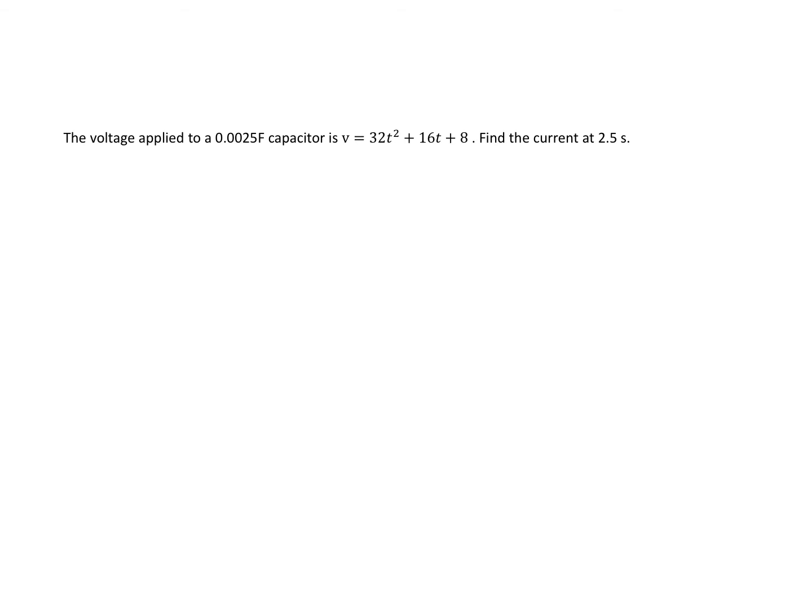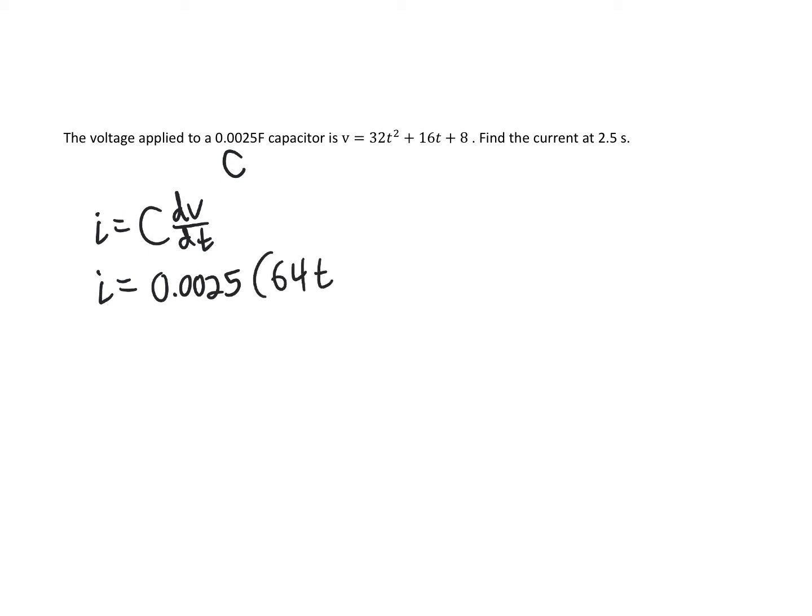Now here's an electrical one. We have a 0.0025 farad capacitor. This here is our capacitance. We have the voltage, and we're looking for the current. So the equation we need is I equals C dV/dt. So current equals the capacitance times the derivative of voltage, which will be 64t plus 16.